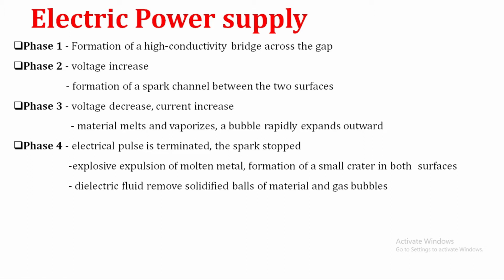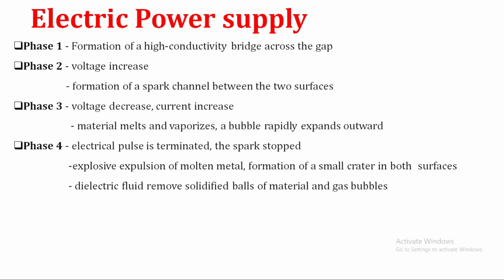A bubble rapidly expands outwards. So due to the high temperature which will be generated in the gap between the electrode and workpiece, there is melting of material from that workpiece, and whatever the melted material is there, it should be dispersed into the dielectric fluid. Next, phase number 4: the electrical pulse is terminated, the spark stops.